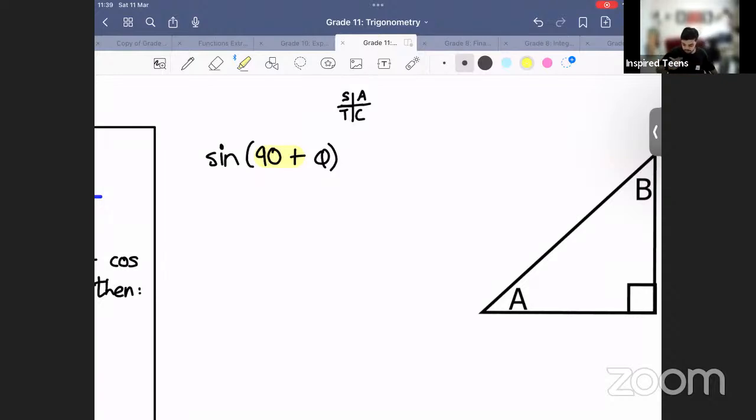Okay, correct. So the first thing to note is that we need to note our first trig ratio: sine. You'll see why I say first trig ratio in a second. Is sine positive or negative in the second quadrant?